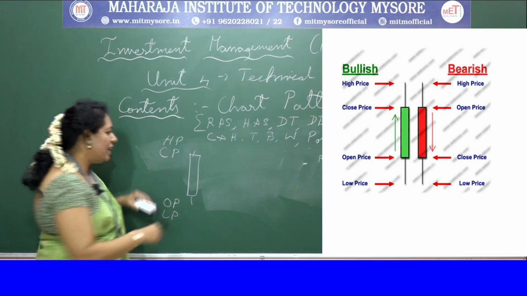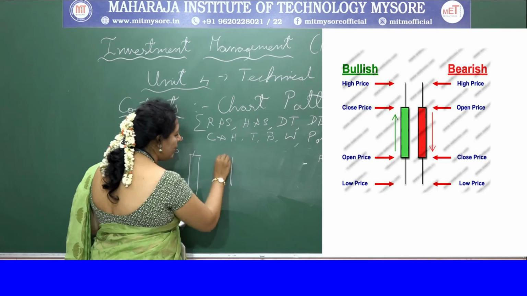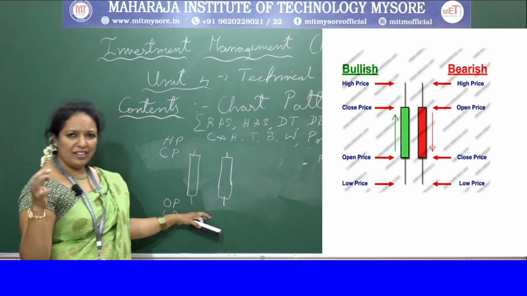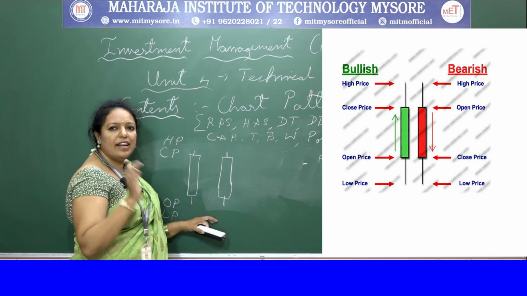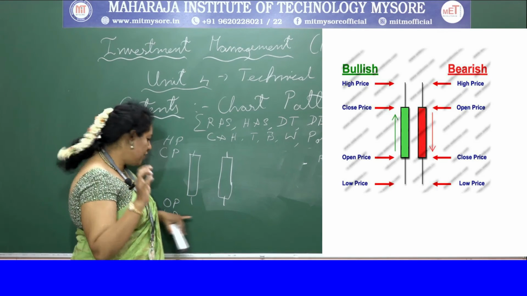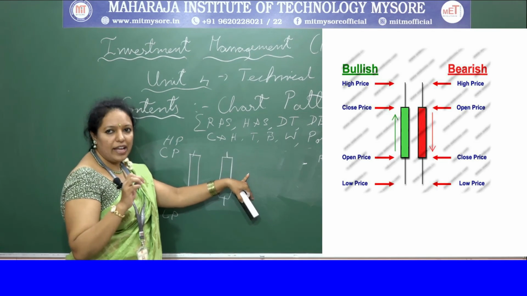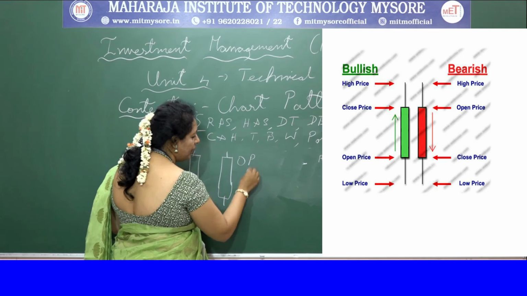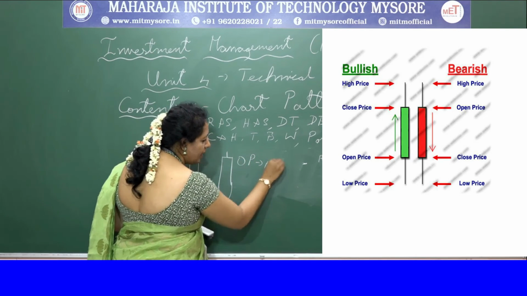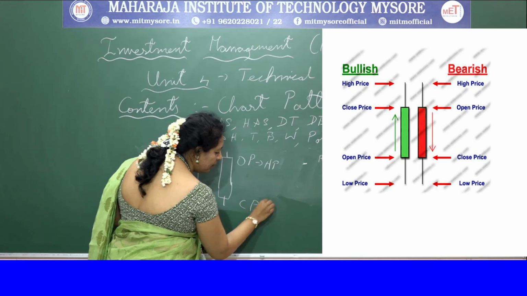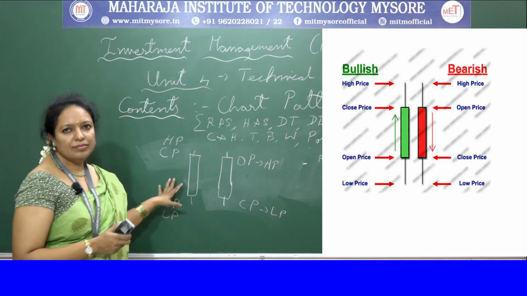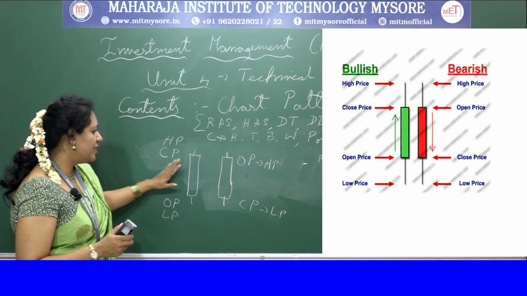If you have to say bearish, normally we signal bearish in the form of red color. So in this red color, if you have to say bearish, it is vice versa. Opening price will be the high price and closing price will be the low price. Okay, so probably you have understood this.